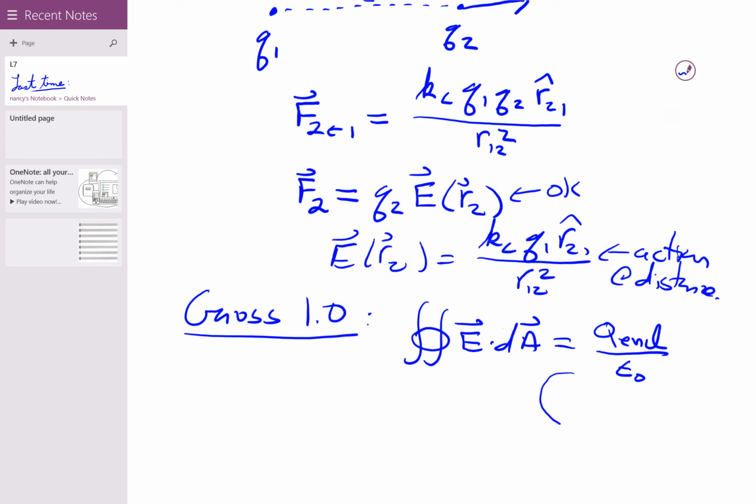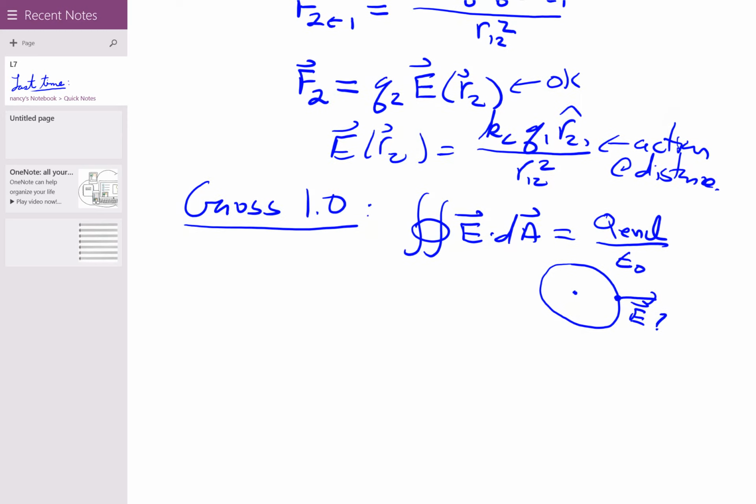I could have some really huge surface here, light years across, and I have my enclosed charge, might be a point charge in here, but somehow that point charge is affecting the electric field vectors way out here, very far away. That looks potentially mysterious or dangerous also.